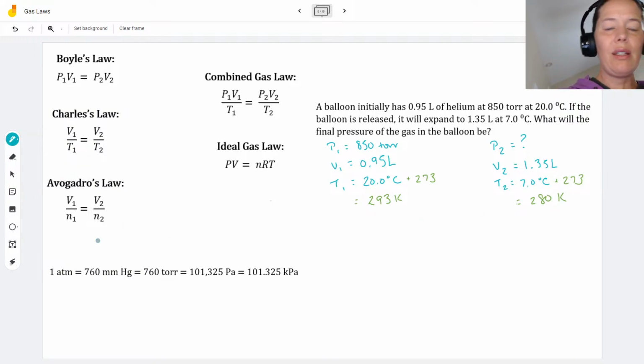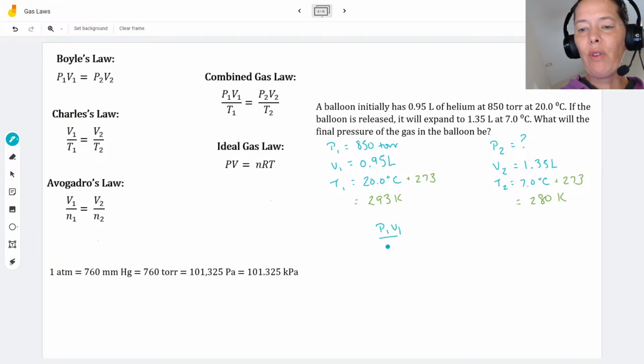Now we're ready to plug into combined gas law. So P1 V1 over T1 equals P2 V2 over T2. So let's get some numbers in here.